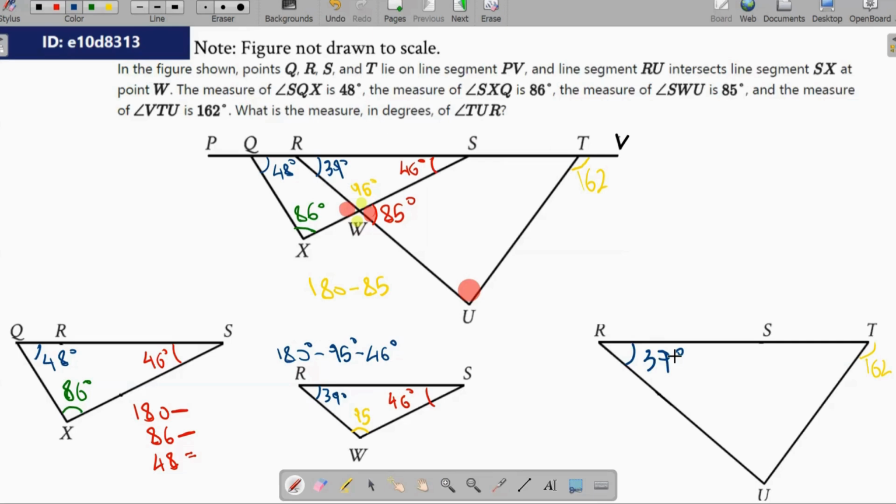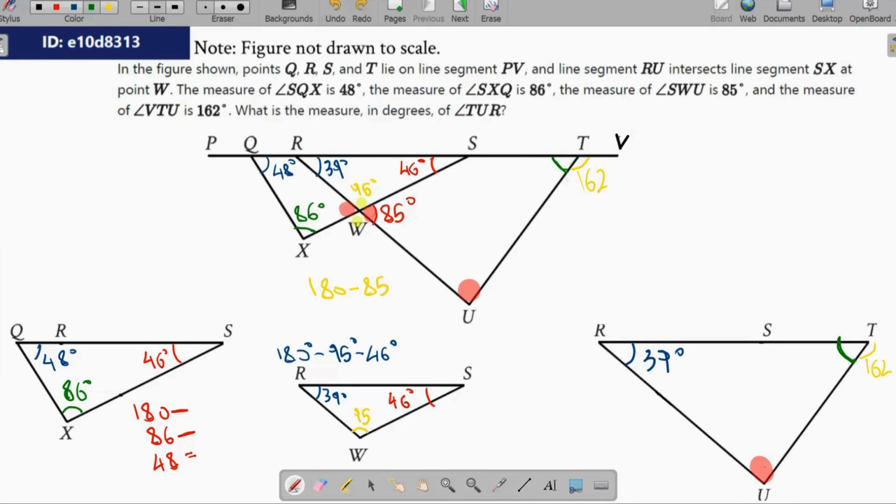The angle of 39 is not the only angle of the new triangle that we haven't talked about yet, the triangle RUT. This triangle is the important one for us because it contains the angle that we are looking for, the angle at U, the angle TUR. But we don't know just this angle. We also know this other angle right here. Because of the same rule of supplementary angles, the sum of this angle in yellow plus this angle in green must be 180.